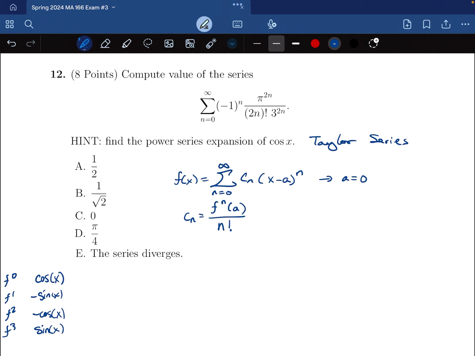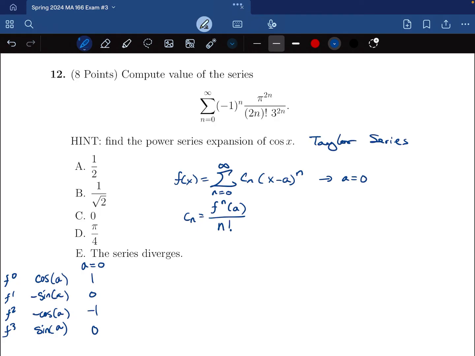And like I said before, the easiest value for a is a equals 0. So at a equals 0, cosine a equals 1, negative sine a equals 0, negative cosine a equals negative 1, and then sine a equals 0.